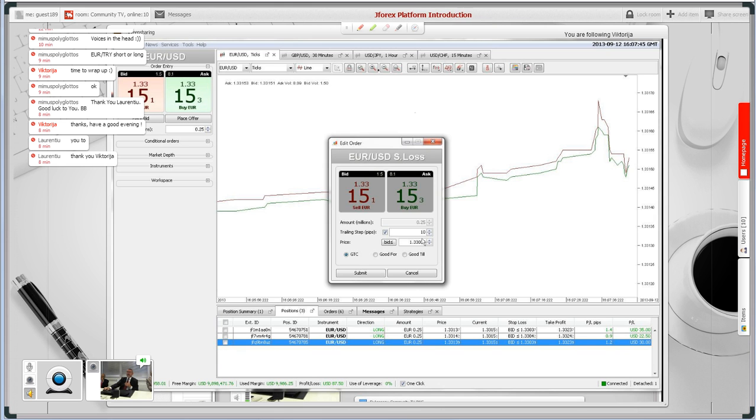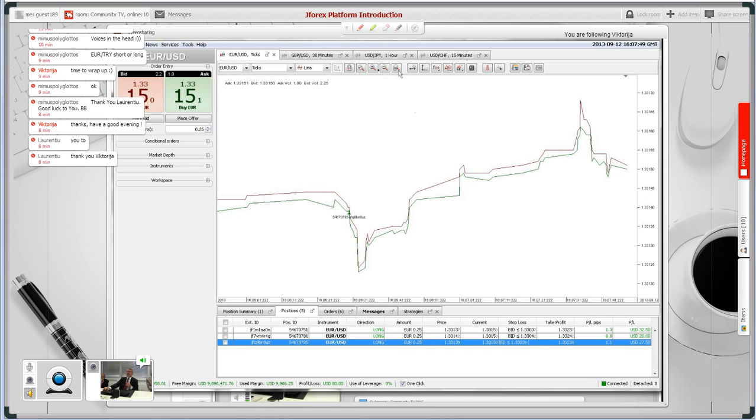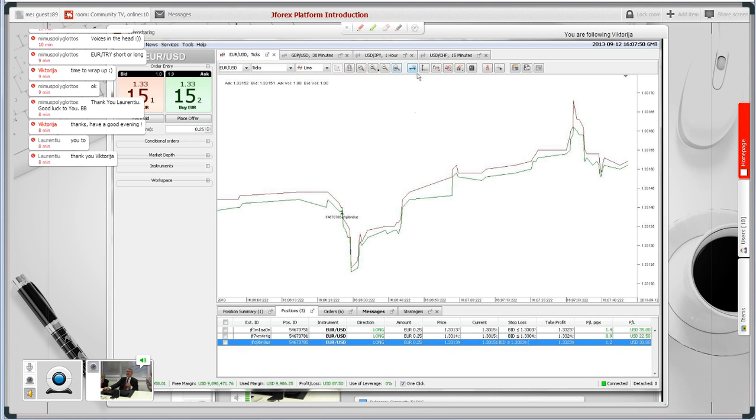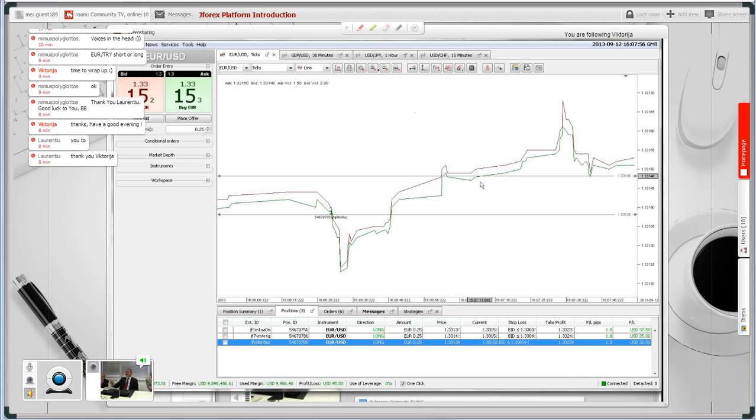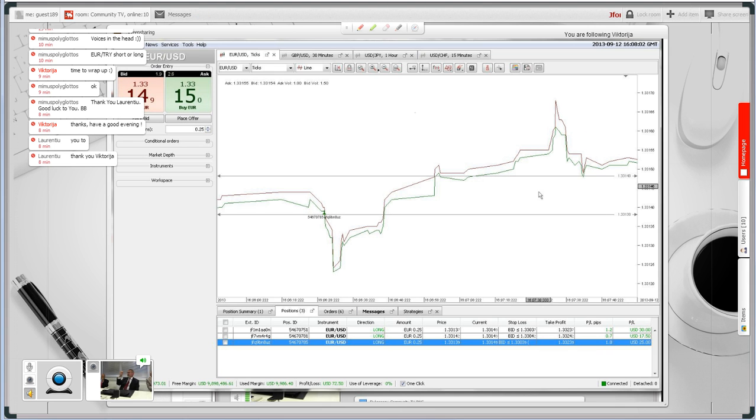But when I set it now, the point is my order was here, but I set my stop loss or my trailing step at this level, meaning that there's around 2 pips difference between my initial stop loss and my trailing step, and it will be taken into account. The 10 pips move will start from this level, not from the initial level.